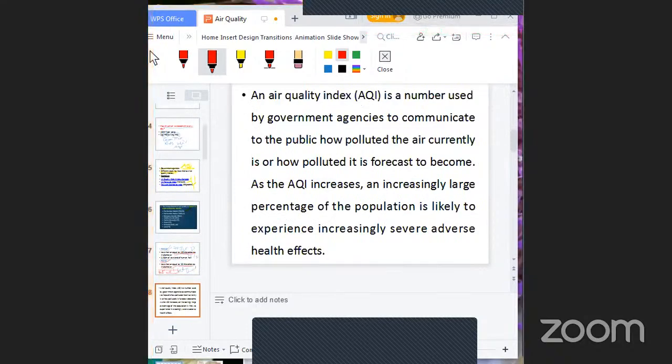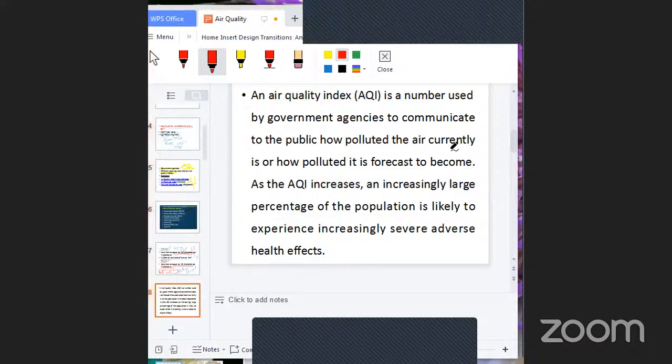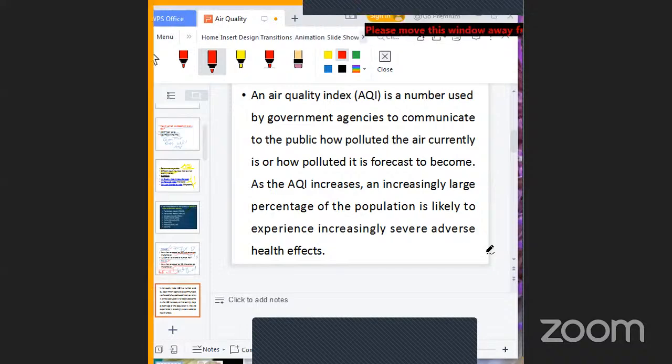After the calculation of the air quality index, the categorization is done, based on 6 categories, right?